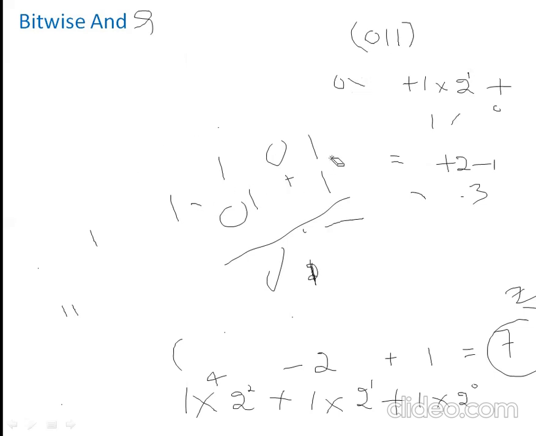Then say what will be the value of z. The only difference is that when making a logical AND operation, here we have to make a logical OR operation. That is it.